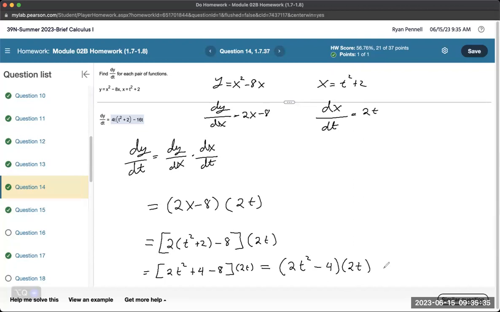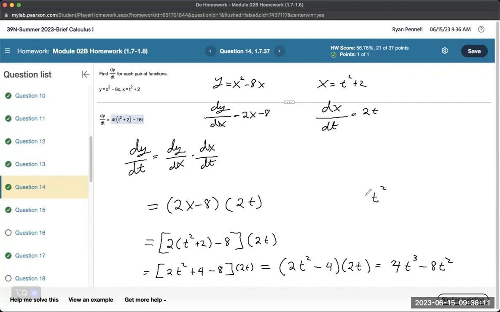And if we like, we could distribute that, so we have 4t cubed minus 8t squared. I think I got that right.